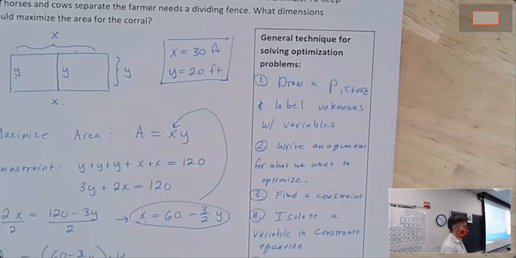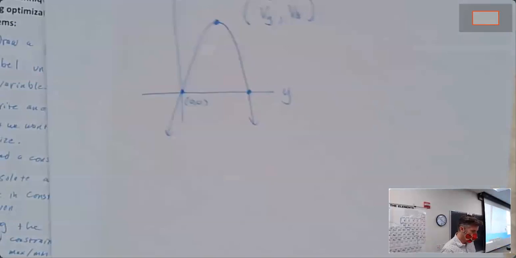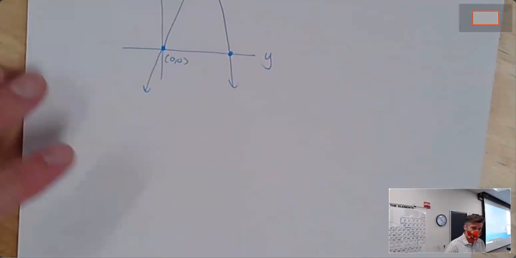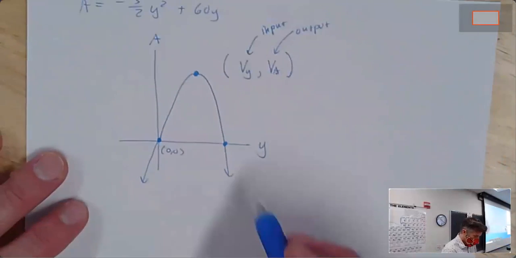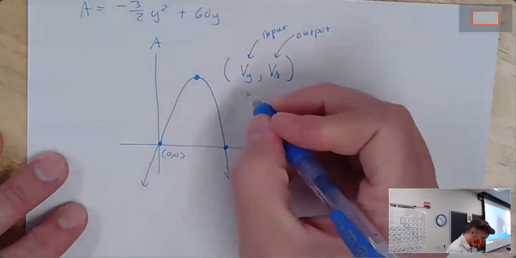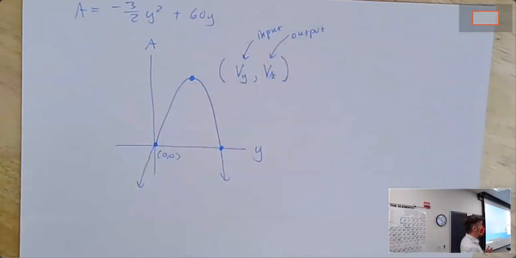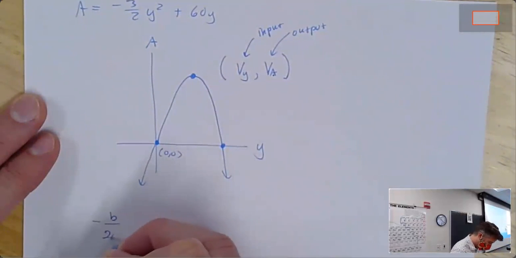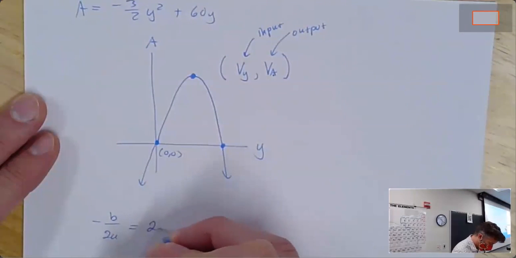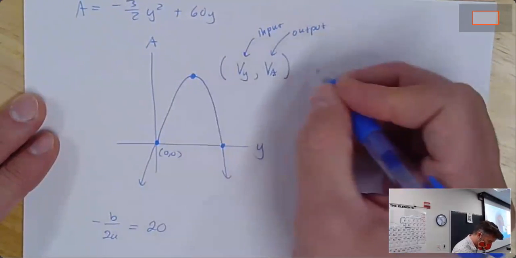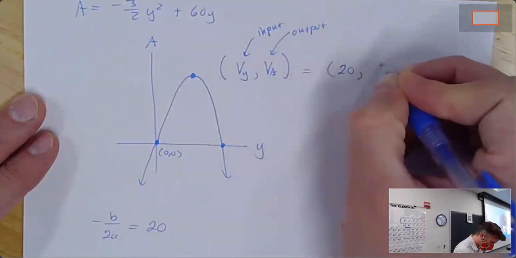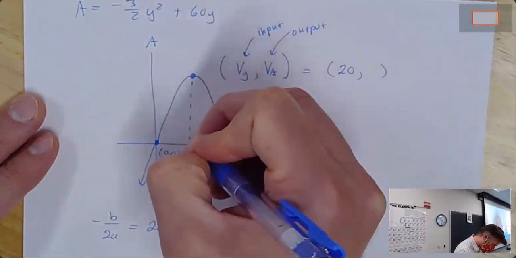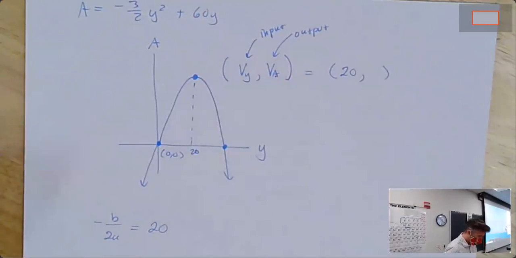Let's go look at the graph of this thing, not the full graph, but I want to show you the graph just because there's one or two things I want you to see. So what we found, the first coordinate of the vertex, right? We found our negative b over 2a value to be 20. And that's what was going right there. And then if you did find the second coordinate of the vertex, well, let's see what we get.